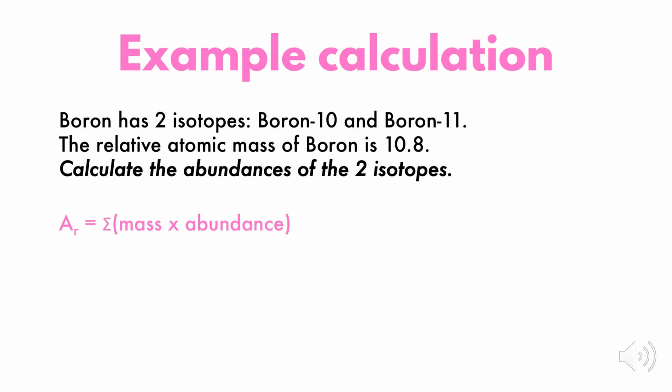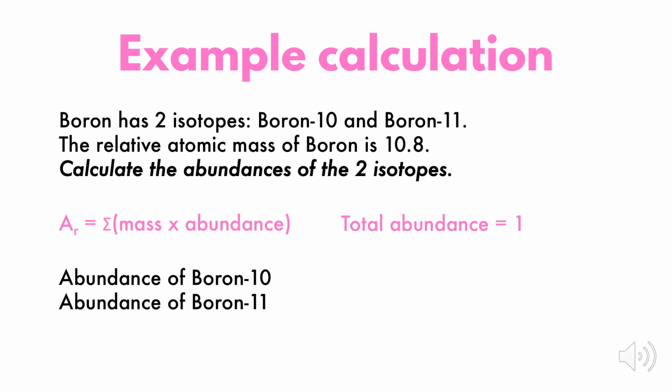But if we're going to use this equation, we have to have something to put in the equation to represent the abundance. This is where our simple rule, that the total abundance is 1, and the algebra come into it. So let's see how we can use this. To represent the abundance of boron 10, we're going to use x. And that means, bearing in mind the total abundance is 1, the abundance of boron 11 will be 1 minus x.